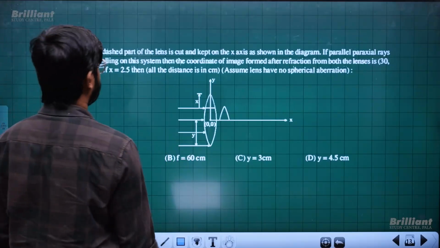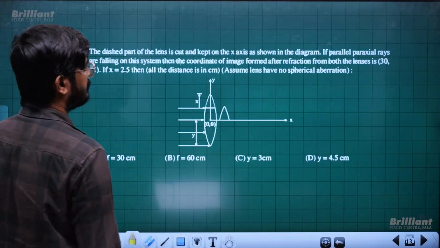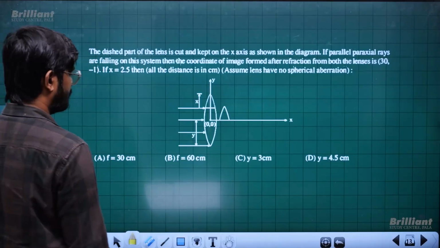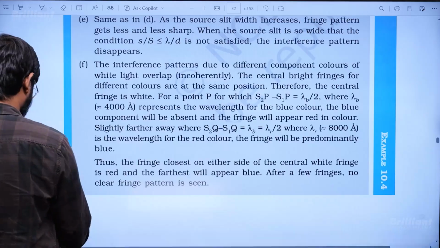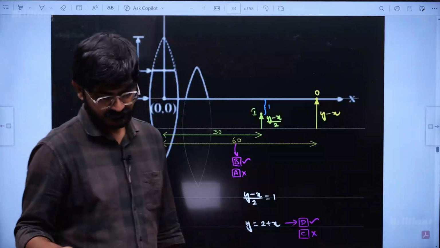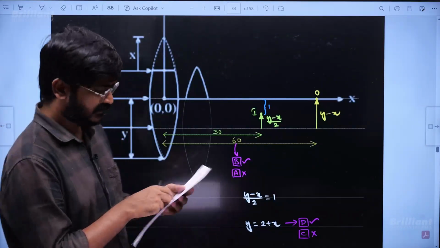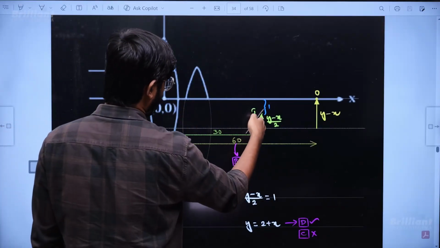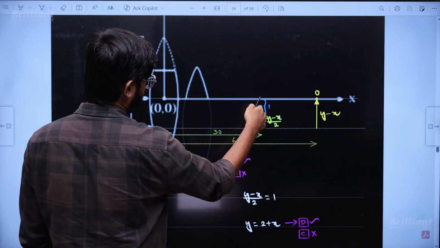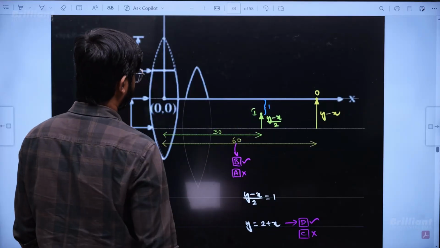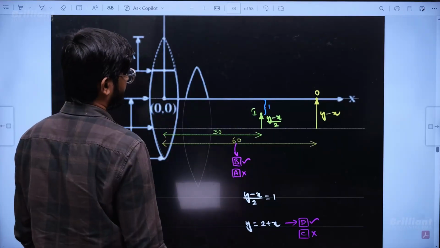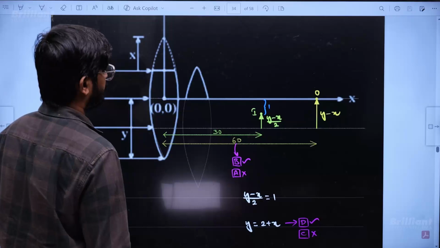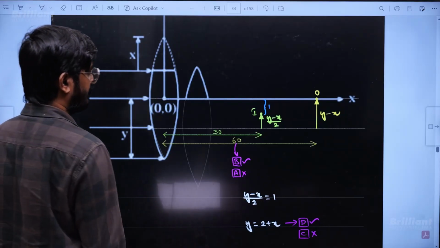They have given some scenario and said the image is somewhere, and from that you should find the focal length and what is y. They said the image is at 30 comma minus 1. Now when there are two lenses, they will be converging more, or you can find the effective focal length.